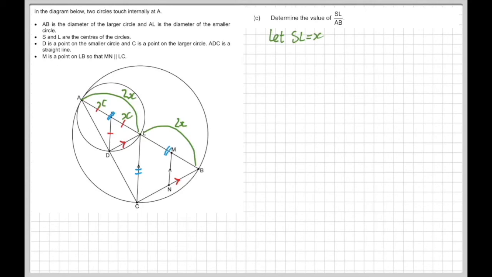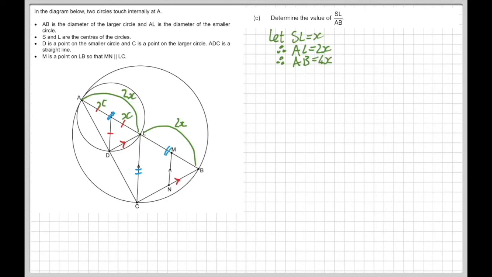Remember, if it's not given to you, then rather write it down for them. Then AL is 2X because it's a diameter. And therefore AB is 4X because that is again the diameter of the big circle.